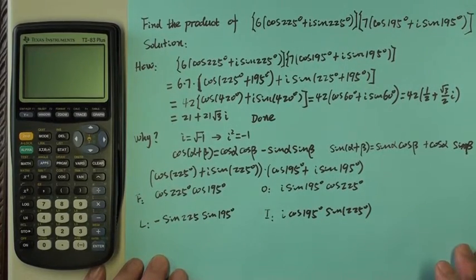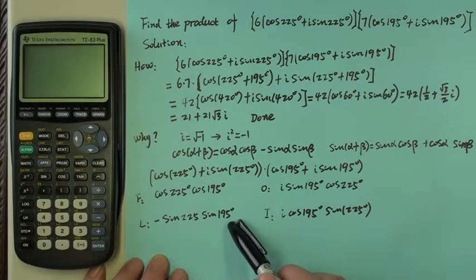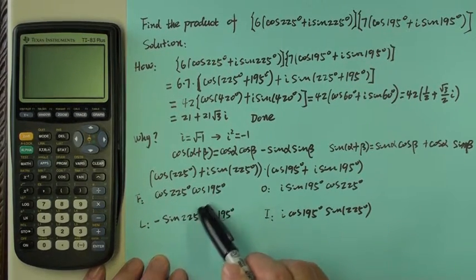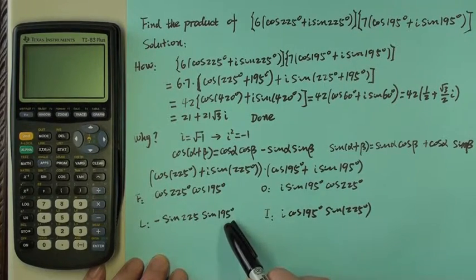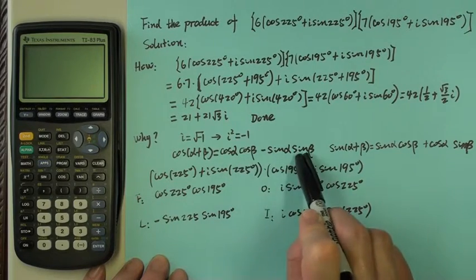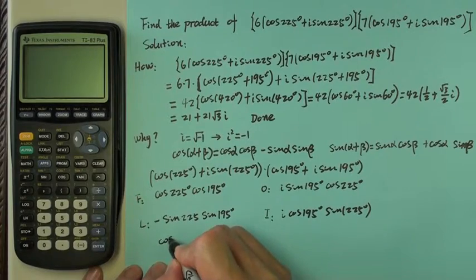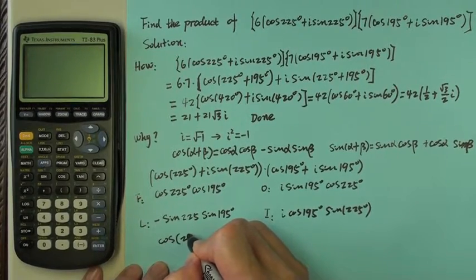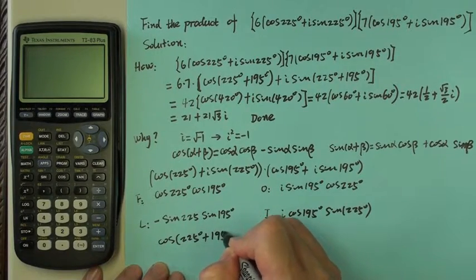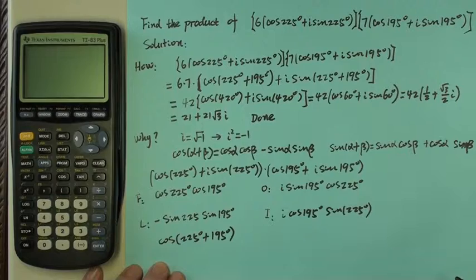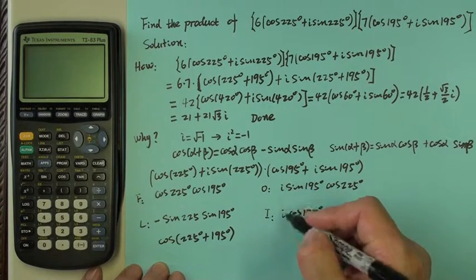Now I want you to look at it in this way. You see, the one right here minus this one, that's cosine cosine, sine sine, with first angle alpha and second angle beta. So basically that's cosine of 225 plus 195. Now when you add the other two together, i can be pulled out.